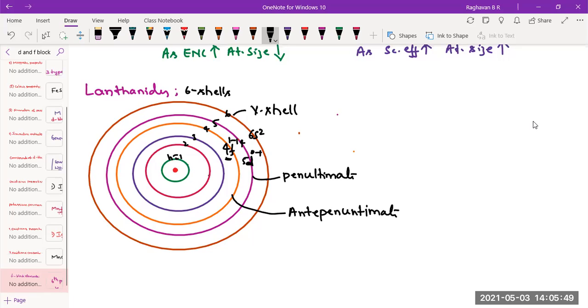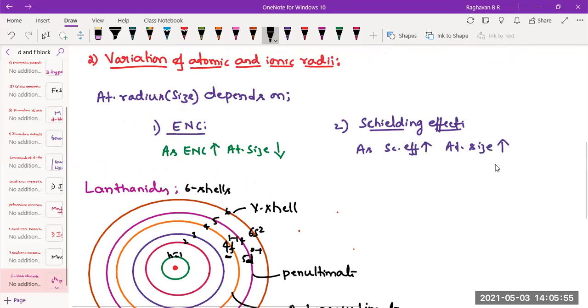That means electrons fill into inner shells. As the number of electrons in the inner shells increases, what has to happen? We expect the shielding effect to increase and atomic size to increase.